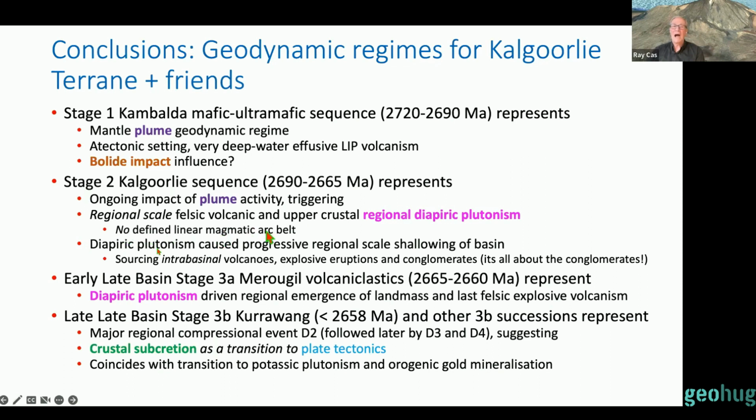We see no evidence of linear arc-like magmatic belts, and the plutonic diapirism then caused progressive regional scale shallowing of the basin at that time, producing in response those volcanic conglomerates, and ultimately that uplift evolving into the mostly subaerial stage 3 late basin successions, which, with the late basin polymictic sequence, heralds the onset of regional compressional deformation, perhaps crustal subcretion, and the transition to plate tectonics, which also coincides with the onset of more potassic plutonism and orogenic gold mineralization in that period from about 2630 million years onwards.